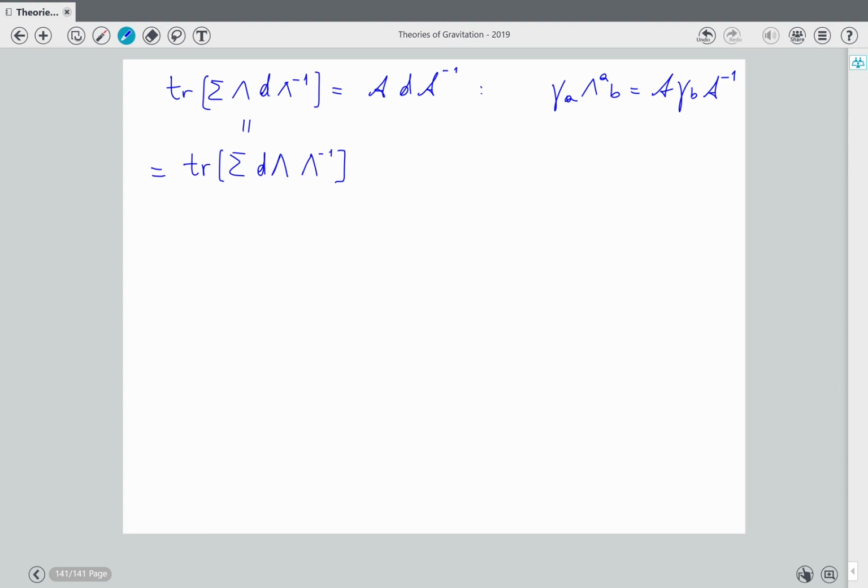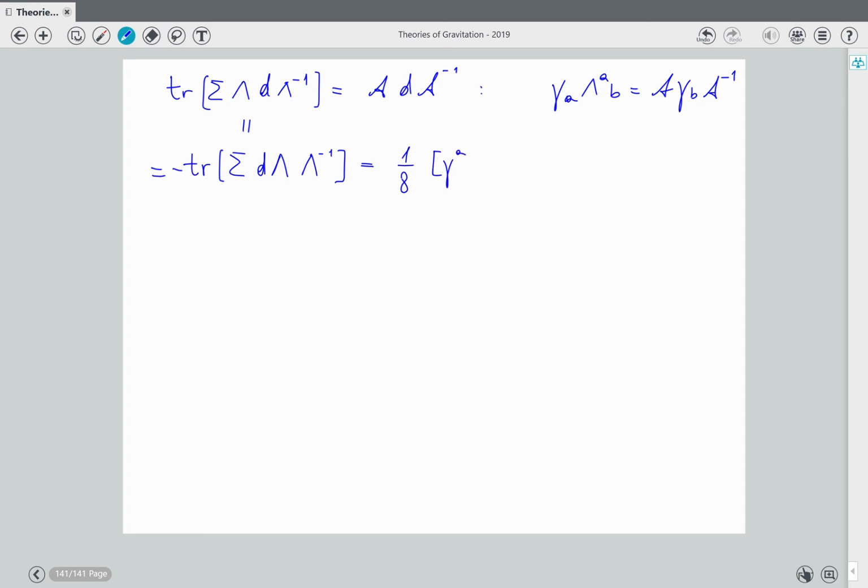Well, that's not necessarily that useful because lambda minus 1 is very simply related to lambda. But anyway, let's do it. Then we replace, so there is a minus, sigma with its definition, minus 1 over 8, and then the trace.